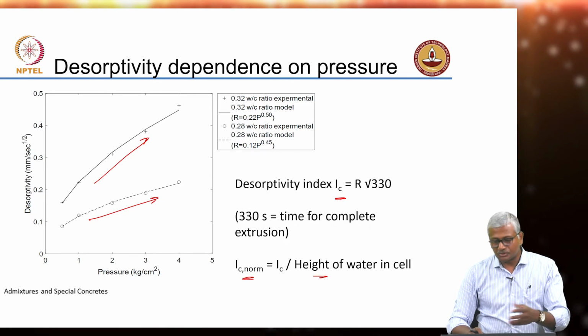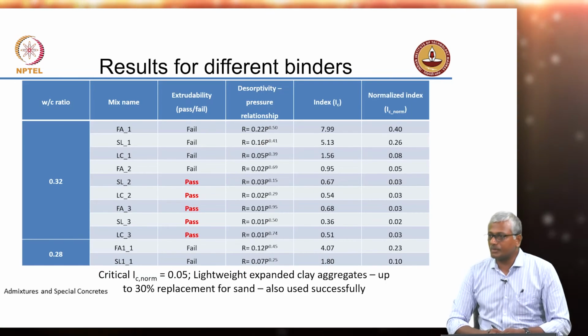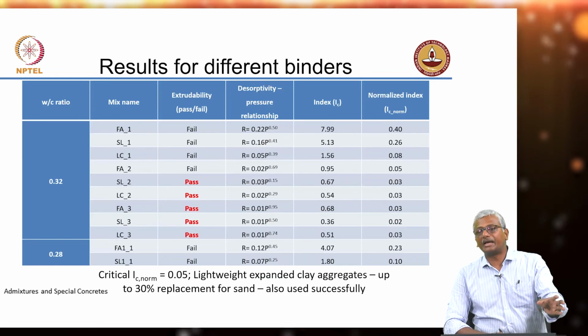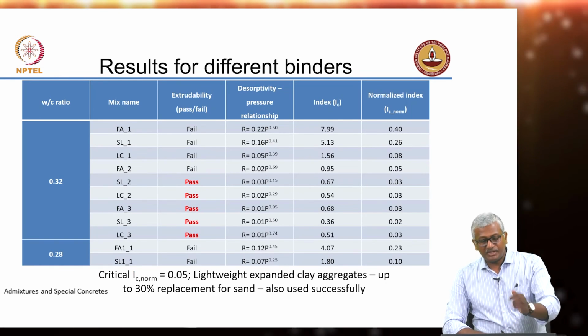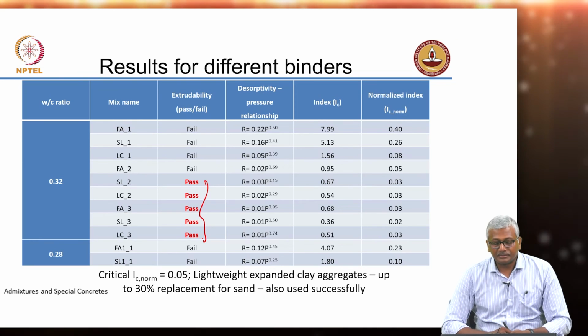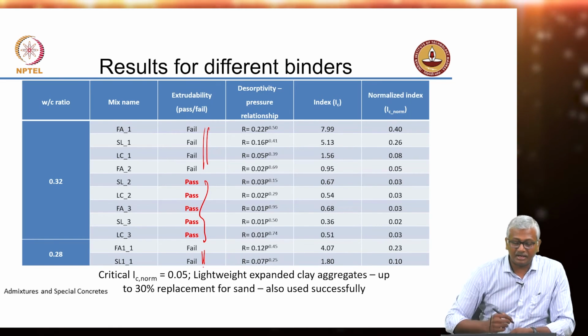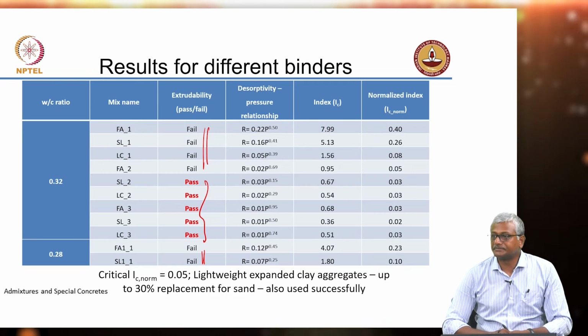So, just to cut a long story short, we applied this test to various mixes that were extrudable and buildable, and we saw that several of those mixes actually ended up failing the extrudability test after this desorptivity was done.